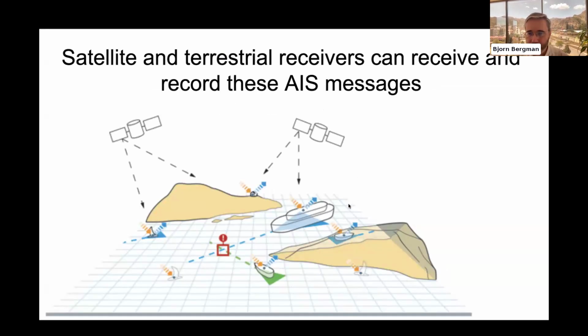However, this data also can be picked up by orbiting satellites and by terrestrial antennas. And so that's how there are now commercial and public databases with this tracking information.